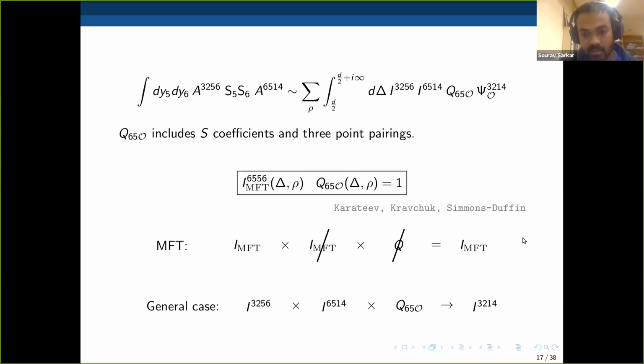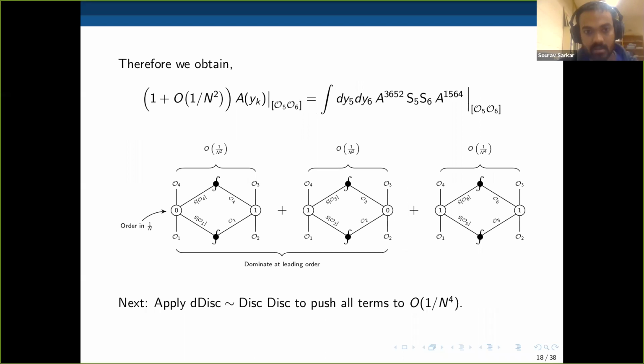This is true at leading order in 1 over n. So if we glue two of these correlators and then look at the contribution from the 5, 6 double traces, that is equal to what it would have been if we had just expanded this and considered the contribution from the 5, 6 double traces.